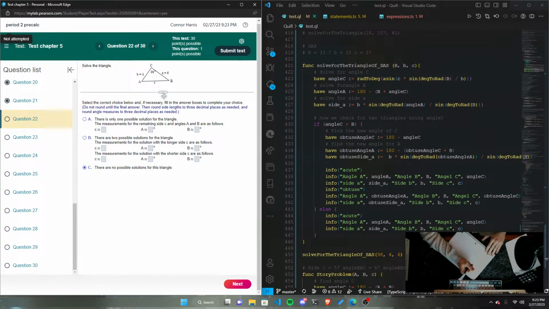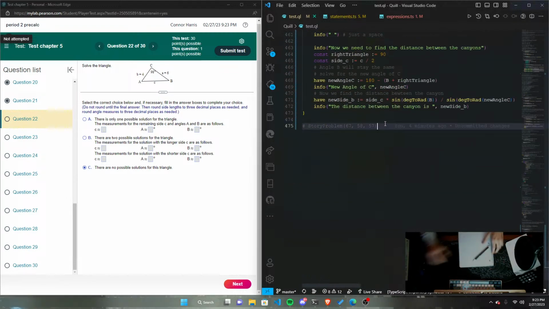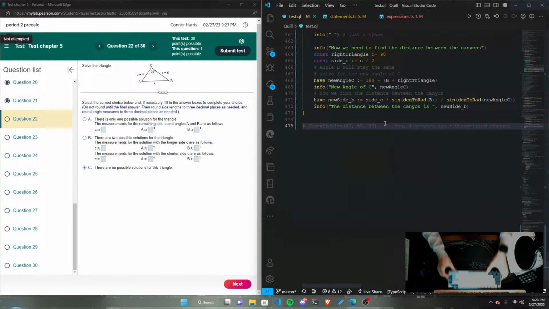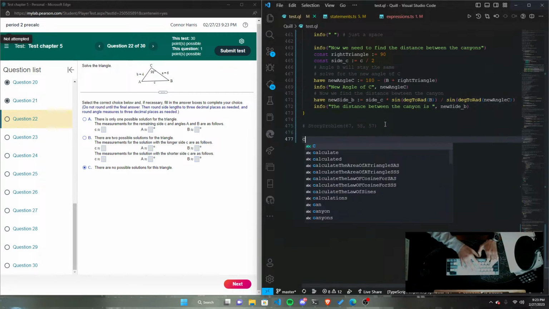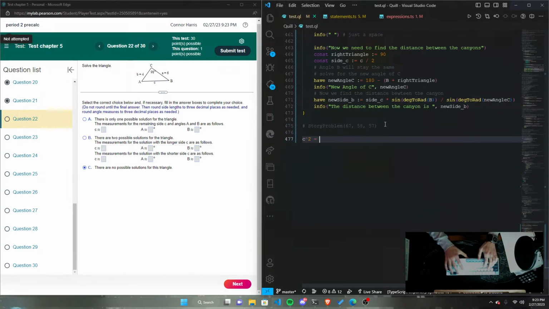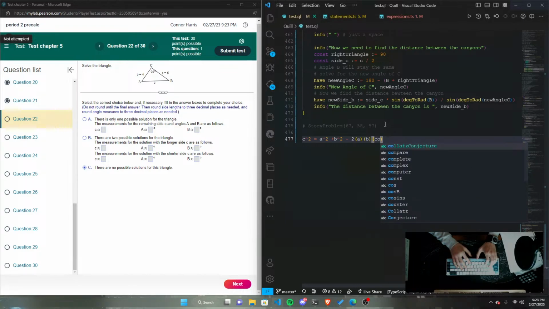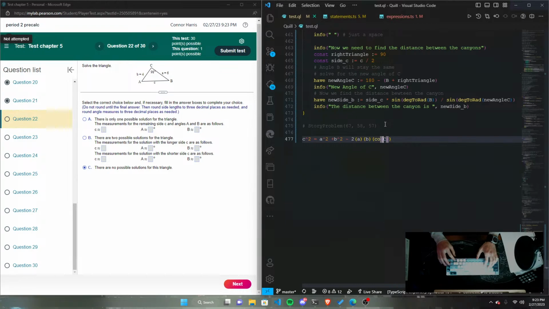Oh no, we do C. Yeah, you're right. It's C squared is equal to A squared plus B squared minus 2 times A times B times the cosine of C.